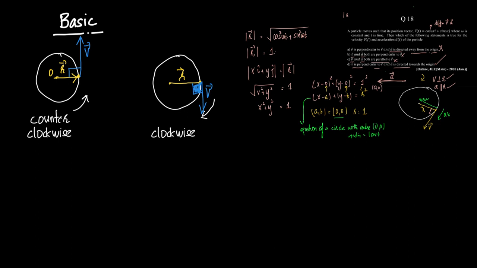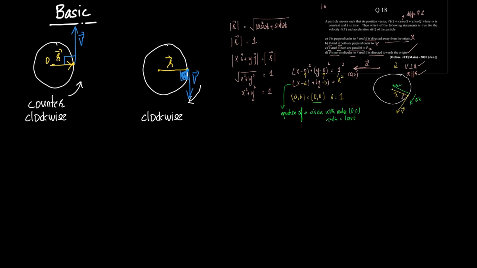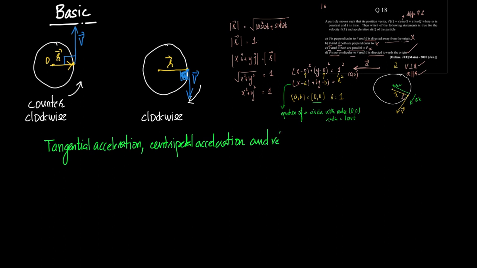The second graph would be the relationship between tangential acceleration, centripetal acceleration, and velocity vector.